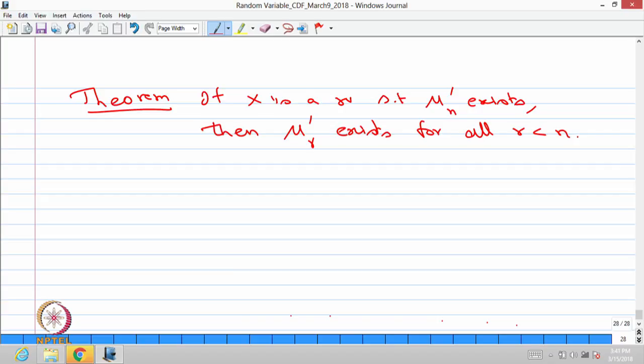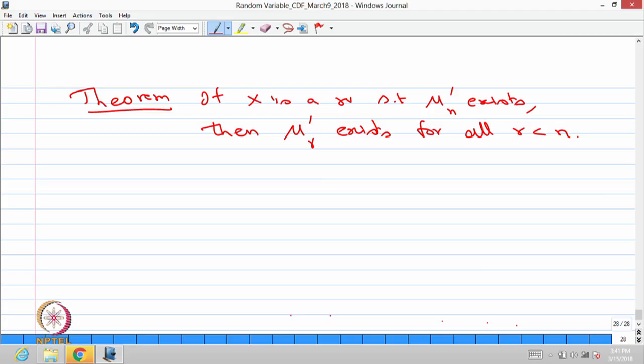That is a theorem. Whenever for a random variable, if the nth order moment about origin exists, then all the rth order moment about the origin exists for all r less than n. You can give the proof of this theorem.